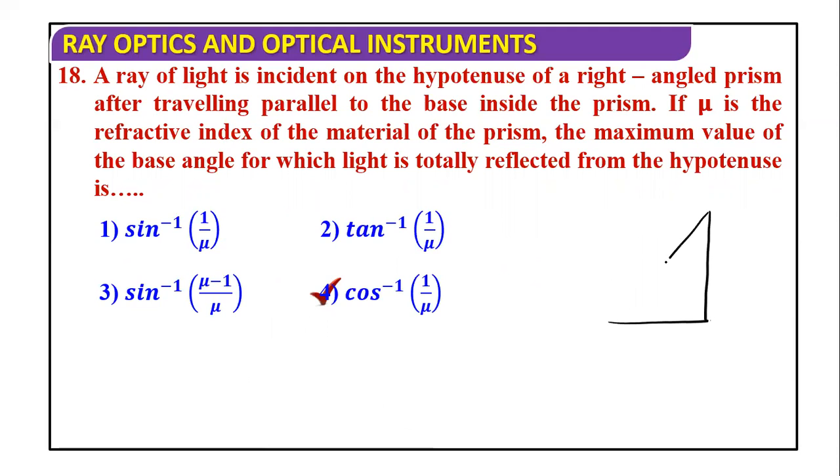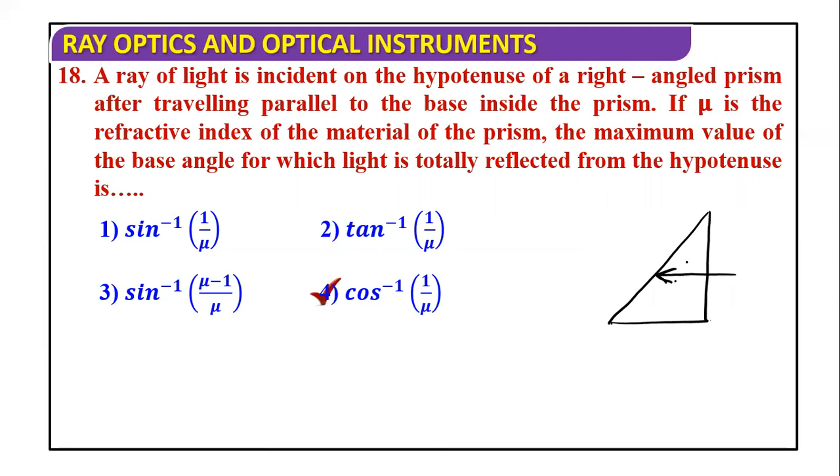This is a right angle triangle. Light is incident on hypotenuse after traveling parallel to the base inside the prism. So it is incident in such a way.